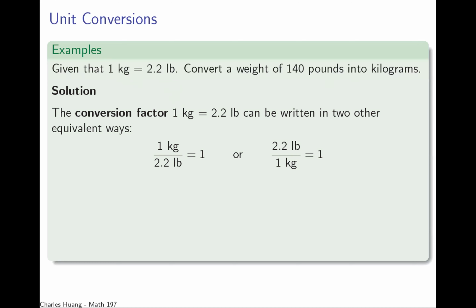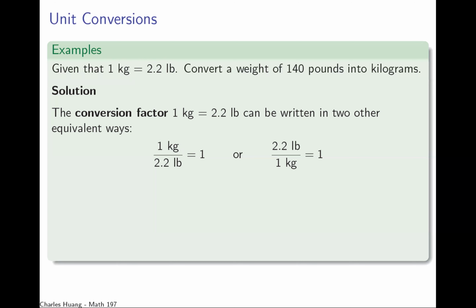The most important thing to do when we're converting units is to understand that we can write the conversion factor, write this equation, and we can write it as a fraction. And this fraction is equal to 1 because 1 kilogram is the same as 2.2 pounds.